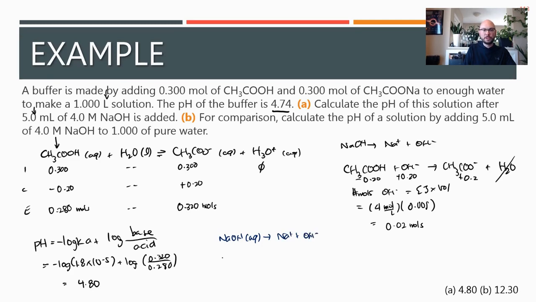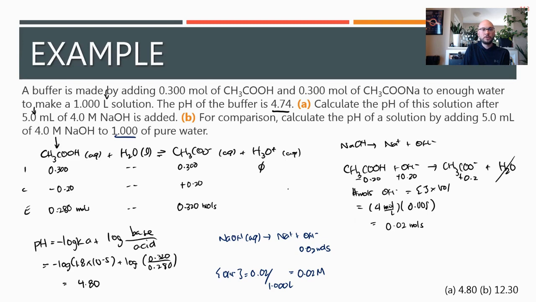We know that we get 0.02 moles of this in our 1 liter of water. So the concentration of the OH minus would be 0.02 divided by 1.000 liters, which works out to be 0.02 molarity. We know that this is a strong base, therefore the concentration of the strong base is equal to the concentration of OH minus.